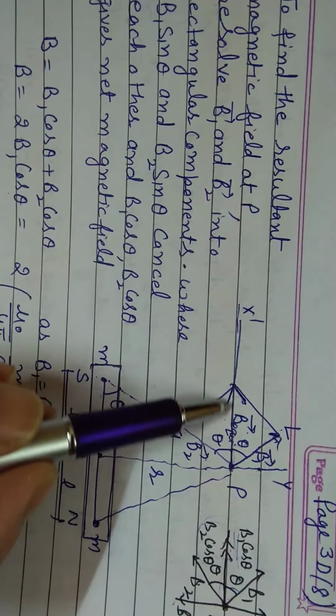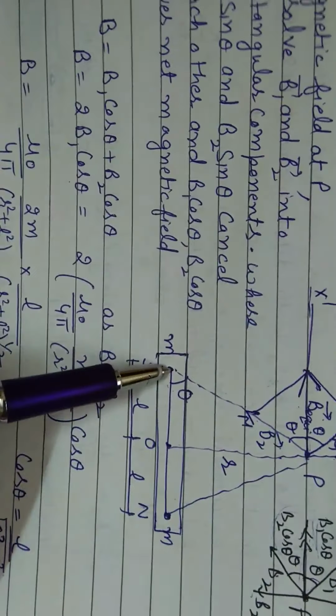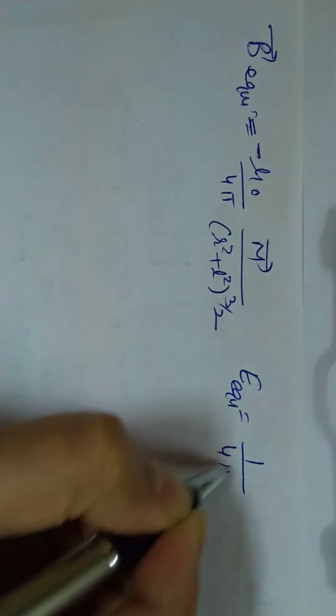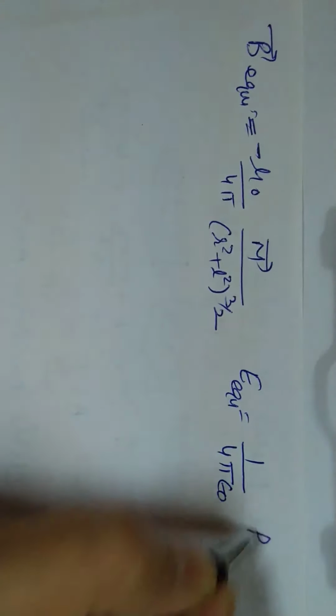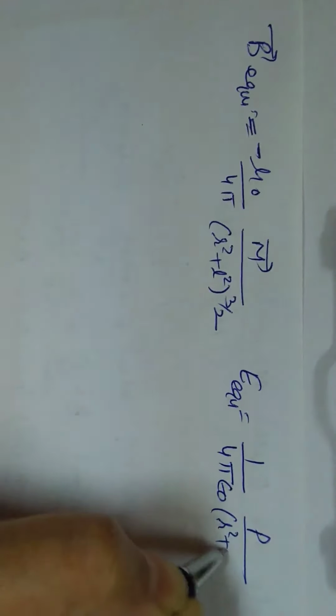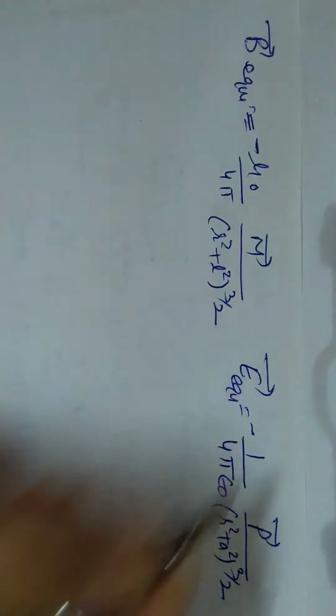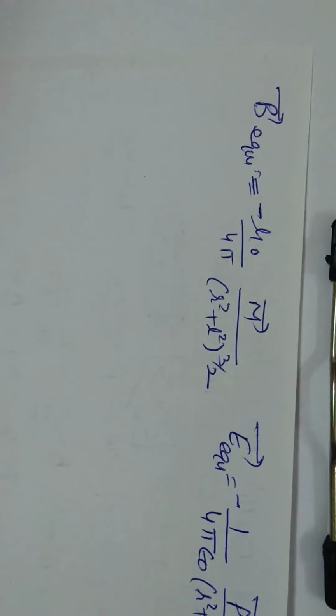Because the magnetic field is along this direction, and the M vector direction is south to north pole. Similarly, in electrostatics on the equatorial line, we have 1 over 4 pi epsilon naught, P over (r square plus a square) to the power 3 by 2. And if we put the vector, we have the negative sign with the same procedure.